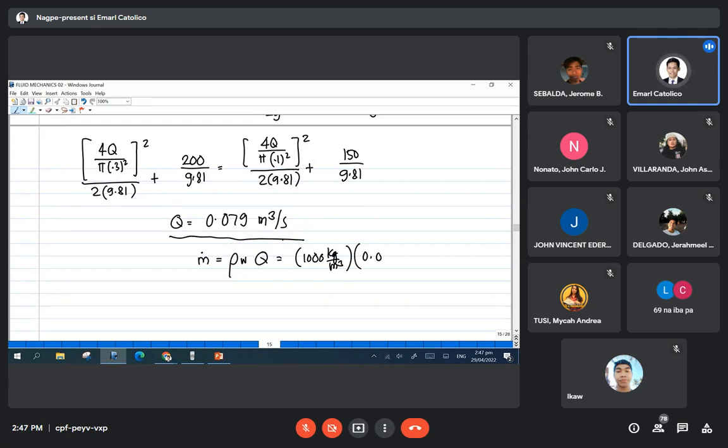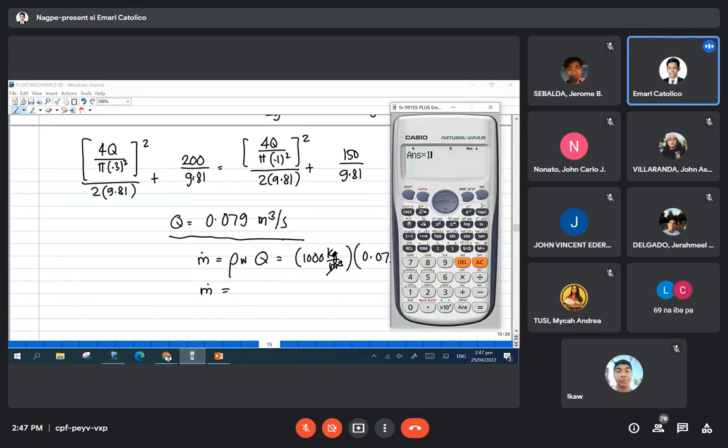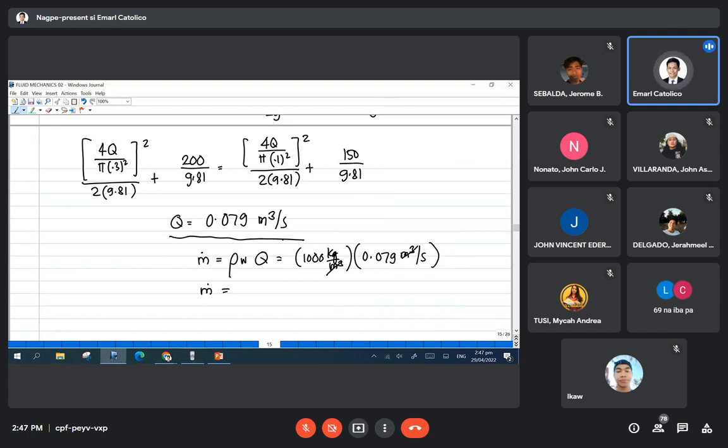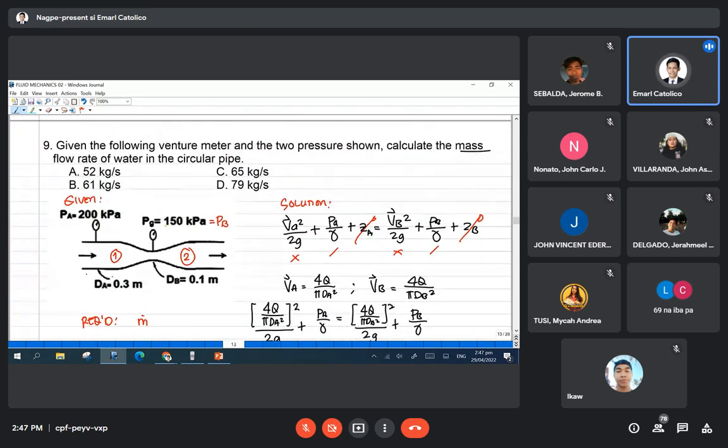Volume flow rate is 0.079 cubic meters per second. So, kilogram per second ang lalabas. So, times 1,000. So, 79.029 kilogram per second. Check natin anong letter? 79. So, letter T.